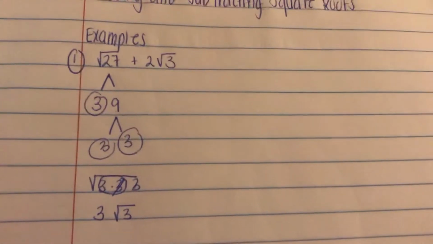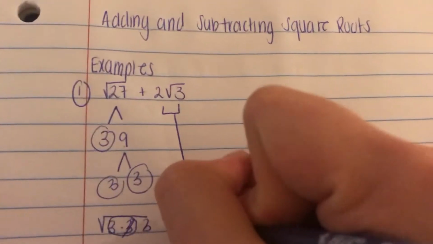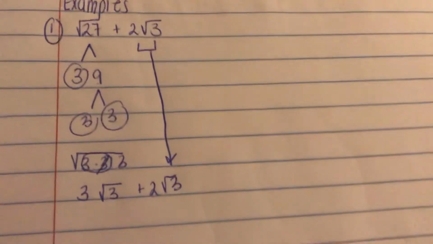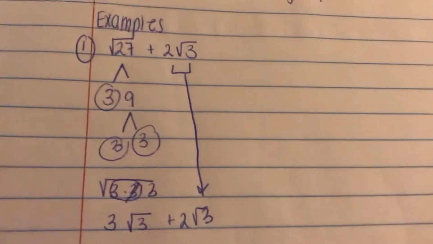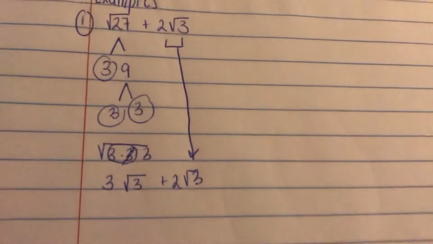But I'm not done because my goal is to add the square roots. I'm going to bring down 2 square root of 3, and look, I have a common radical now. So in this case, our common radical is a common square root.